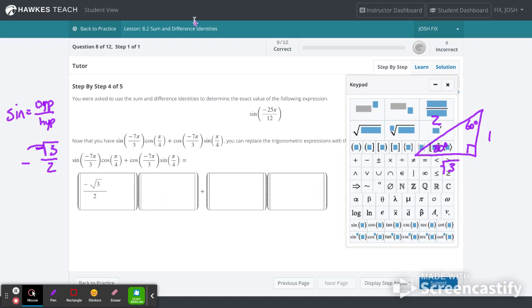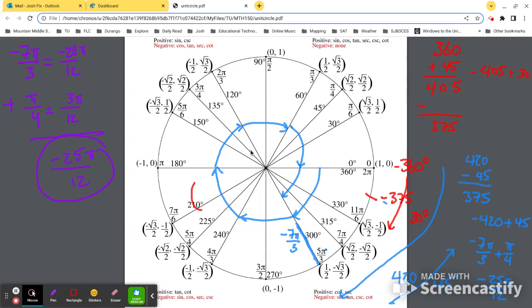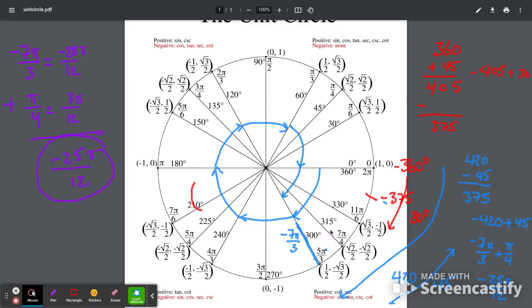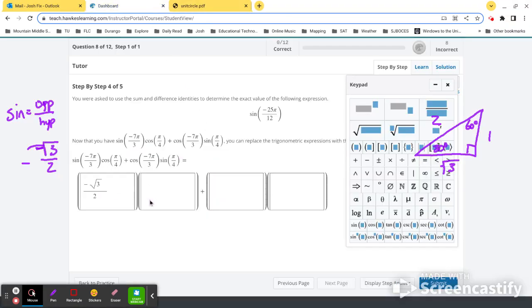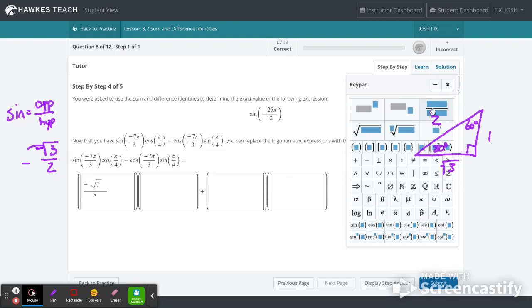So positive pi over 4, we come back to the unit circle. And so we're looking at a pi over 4. We're going in this direction. And so that would be a pi over 4 is always going to be a square root of 2 over 2.